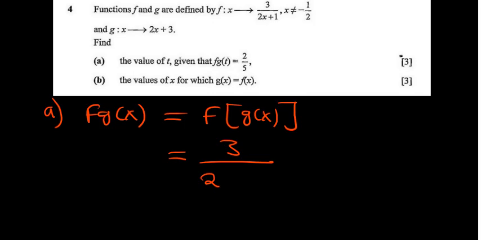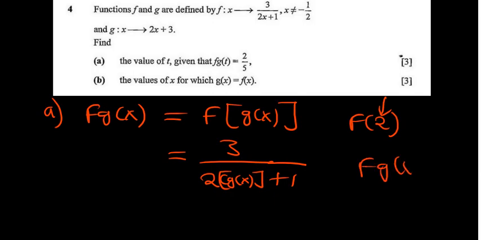Now where there is x we're going to put g of x, and then plus 1. That's what it means when you say f of g of x. One thing that you know is when you have f of 2, it means where there is x you're going to put 2 in that function. Now when you say f of g of x, you're going to put another function. We call these composite functions.